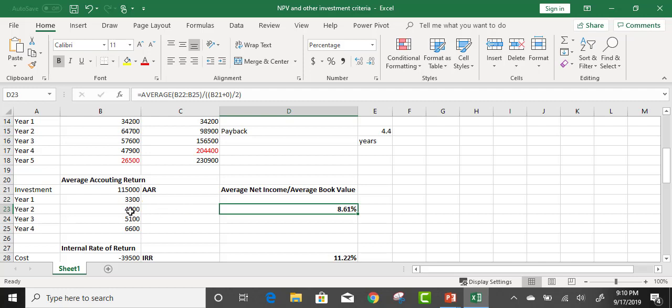So I use the function average divided by the average of the investment or the book value: B21 plus 0, since at the end of the year the book value is 0, divided by 2, to get the value of the accounting return, which is 8.61. I hope this is clear.